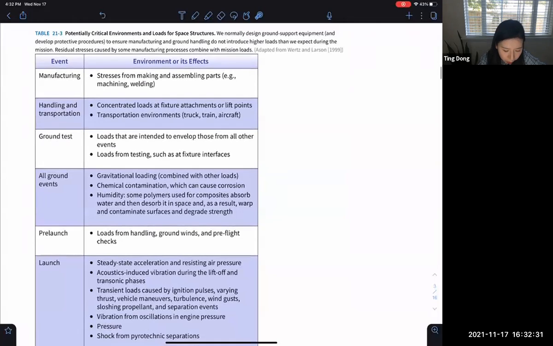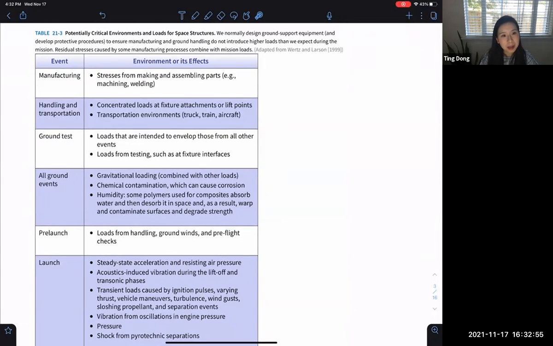So for the potential environment, the first one starts from the manufacturing. Let's say if any of you has had an internship somewhere and saw the welding process. Actually, the welding process is done by applying high temperature and melting the metals.